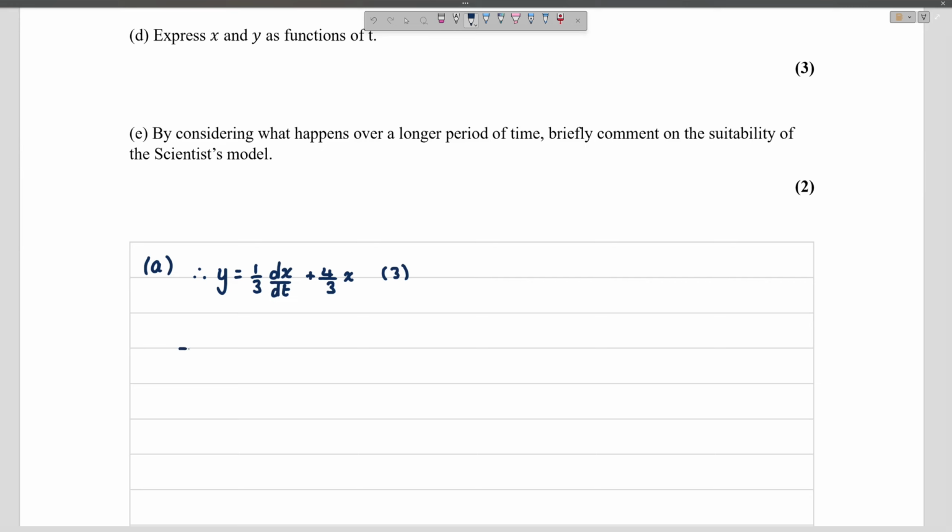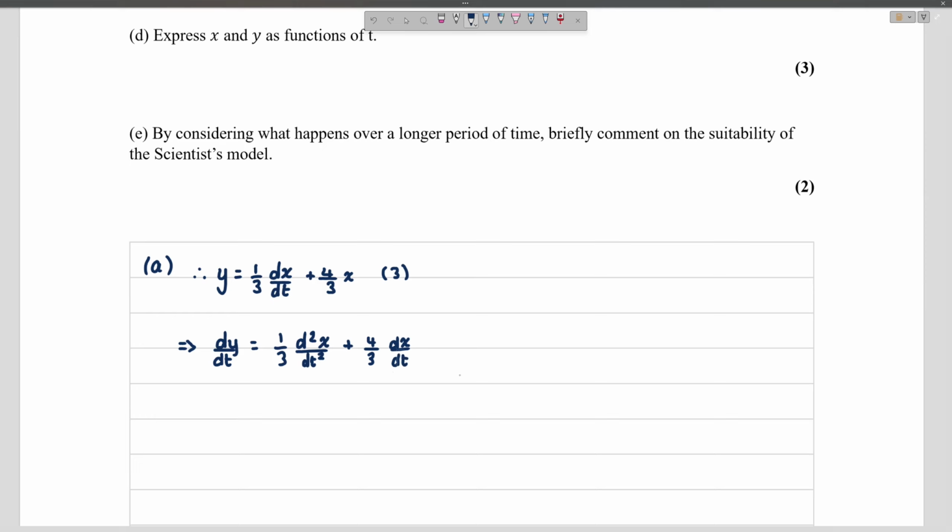If we do that, what we get is dy by dt is equal to the following. So I get 1 over 3 times the second derivative of x, that's d squared x over dt squared, plus 4 over 3 dx by dt.